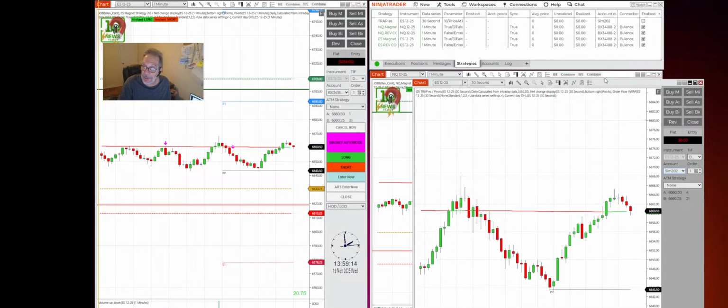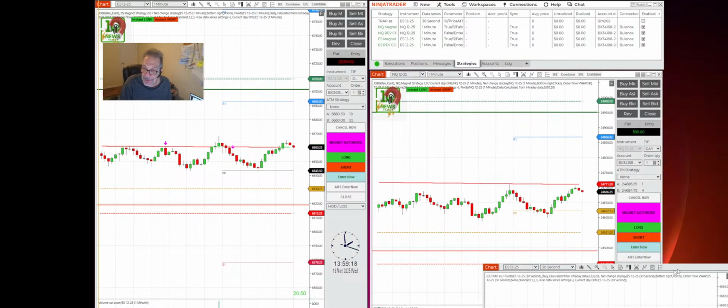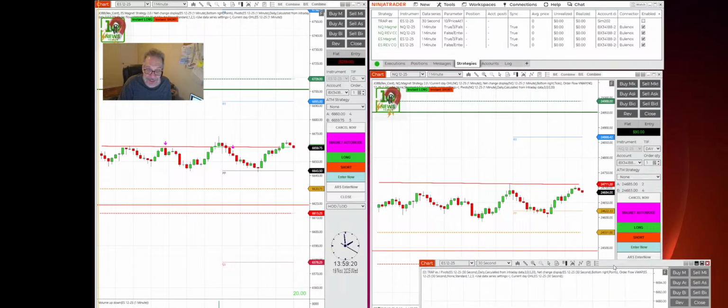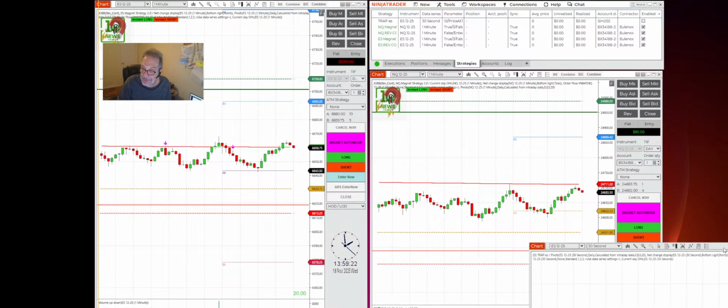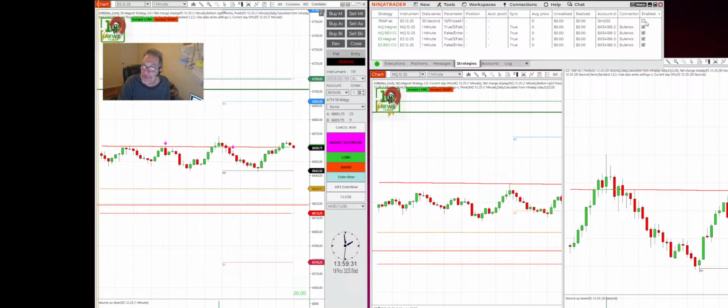And I'm not going to pay much attention to it initially because we have these other trades. I don't think these other trades are going to fill. So we'll see what happens.